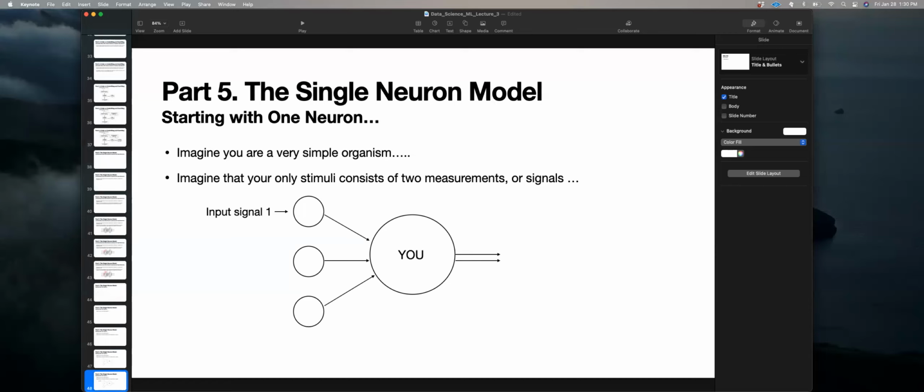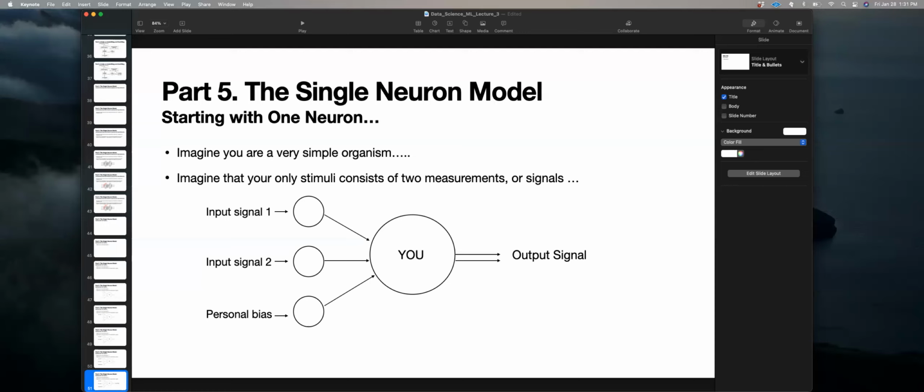So we have an input signal 1, which might be our right hand touching something. Input signal 2, which might be our left hand, right? And then we have a personal bias because we're all going to develop different notions of touching things because we're experiencing different data, and there's a bias to it, right? And then depending on these signals that we take in, we decide whether or not to lift up our hand or to leave our hands on whatever object we're touching.